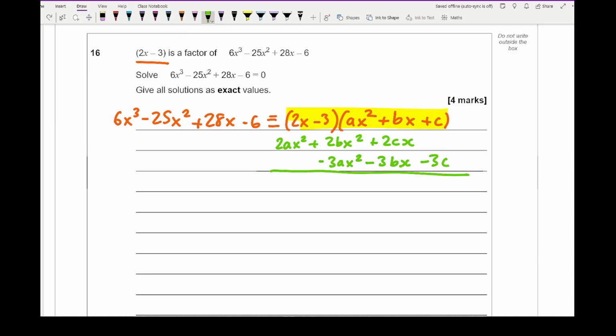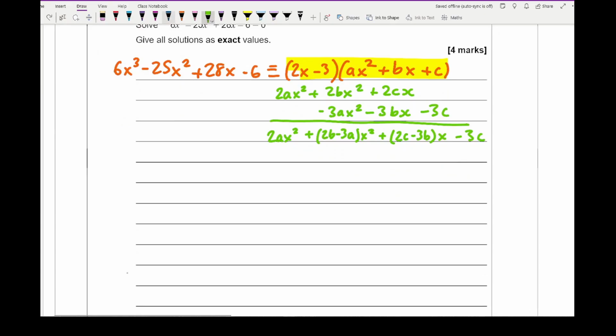And then adding all of that together, we're going to get 2ax cubed plus 2b minus 3a x squared plus 2c minus 3b x minus 3c. I've just factorized the things with x. If you write it as a long list, that's not a problem. Now what we need to do is compare the coefficients to find out what a, b and c are.